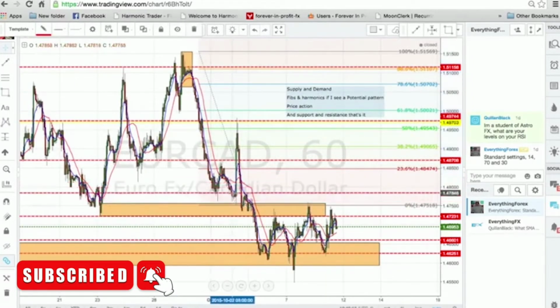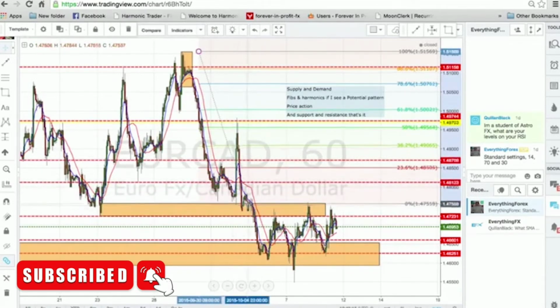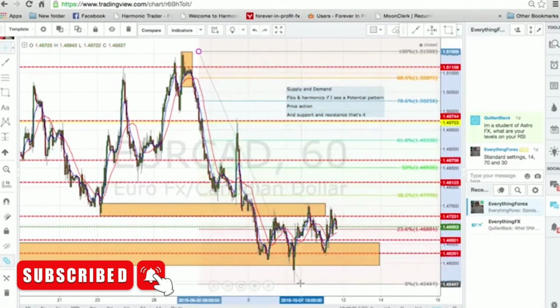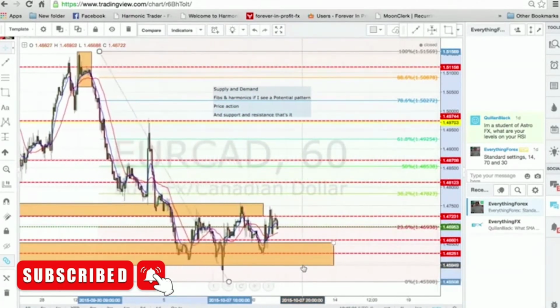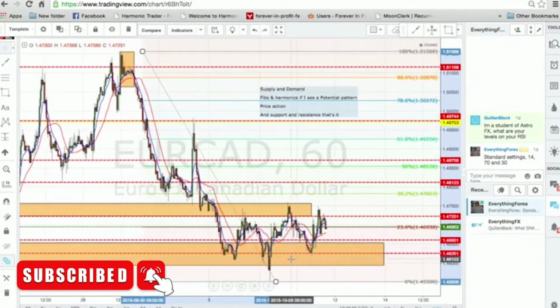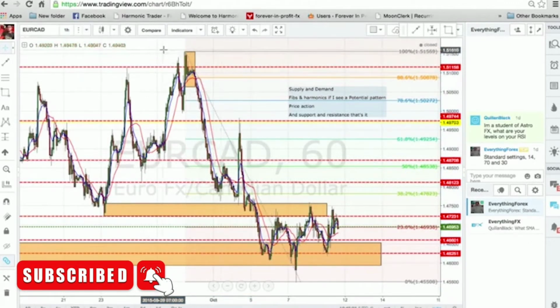How you draw them is from your relative low to your relative high. For instance, since this is in a downtrend, I draw it from the relative high to the relative low. If it's in an uptrend, I draw it from the relative low to the relative high.